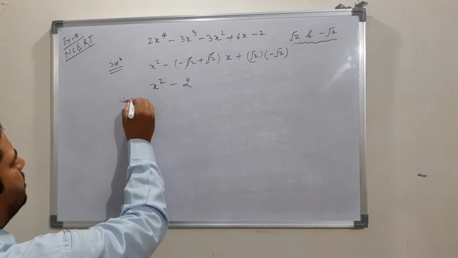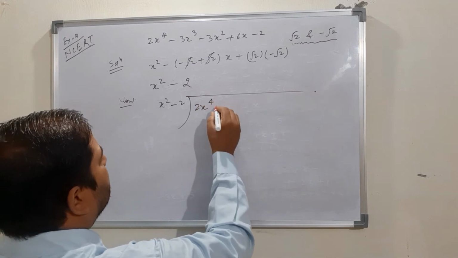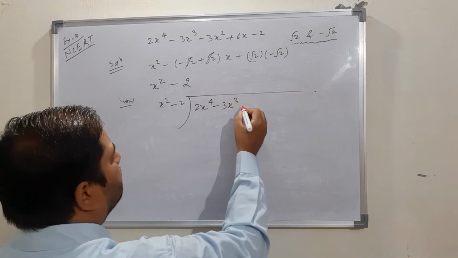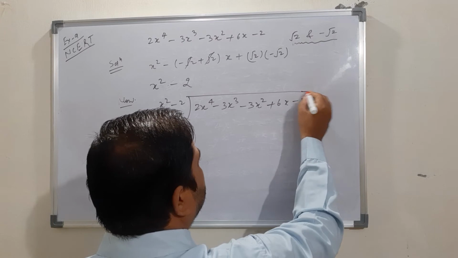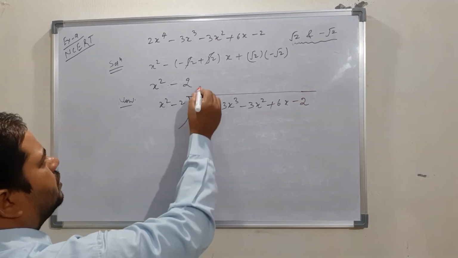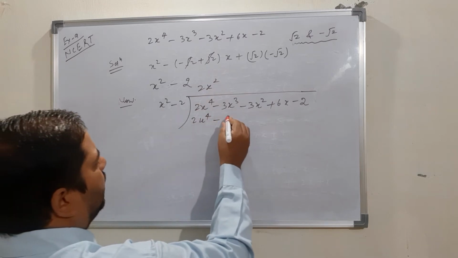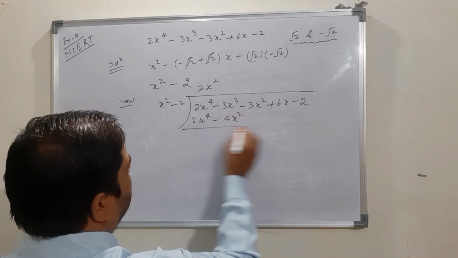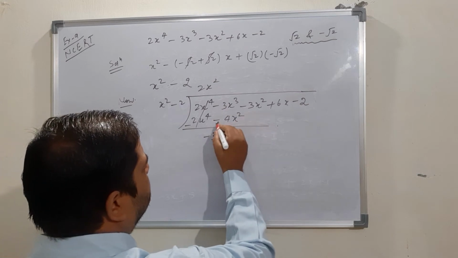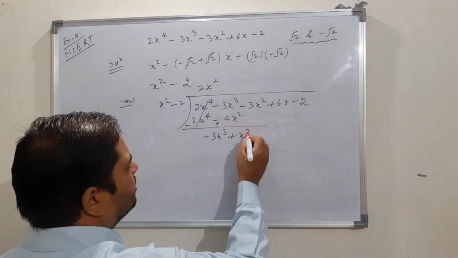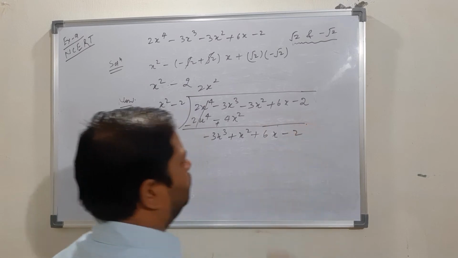Divide 2x to the power 4 minus 3x cube minus 3x square plus 6x minus 2 by x square minus 2. For 2x power 4 we take 2x square, giving 2x power 4 minus 4x square. So this cancels out. We have minus 3x cube, and minus 3x square plus 4x square gives x square, plus 6x minus 2.